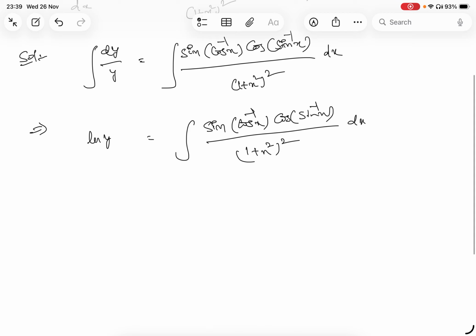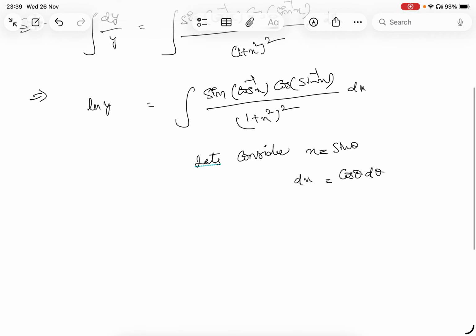Now as you can see, in the sine there is cos inverse x, right? So to cancel cos inverse, let's consider x as sine theta, then dx becomes cos theta d theta.